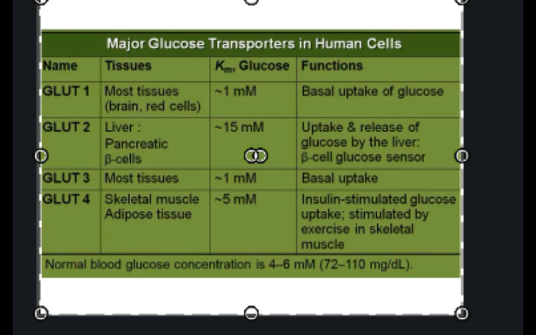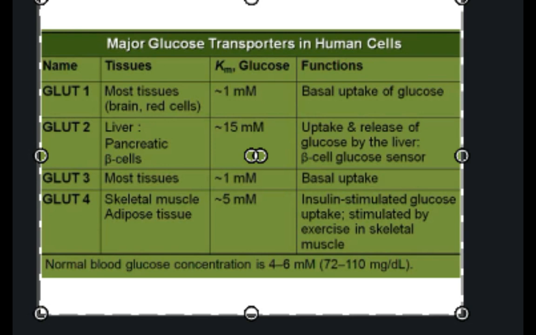It has a very low Km value, 1 millimolar, while glucose transporter 3 is also present in most tissues like brain cells, and it also has a low Km value.